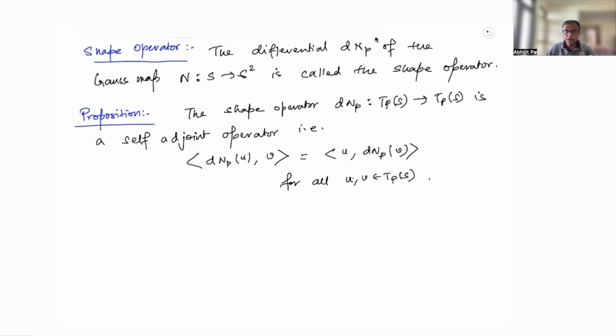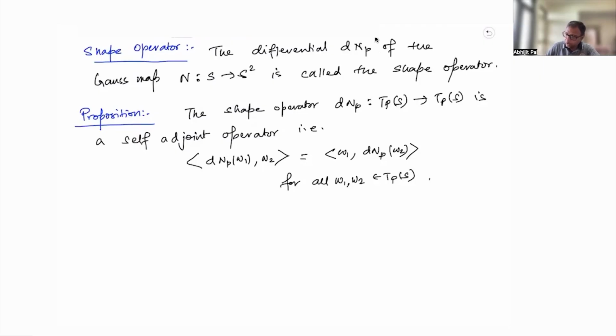Here I denote these with different symbols, because U and V I'll be using for the surface patch. Where W1, W2 are tangent vectors. Okay.